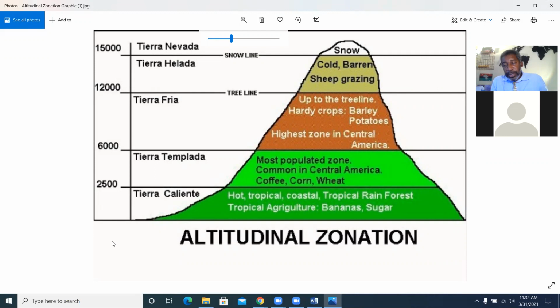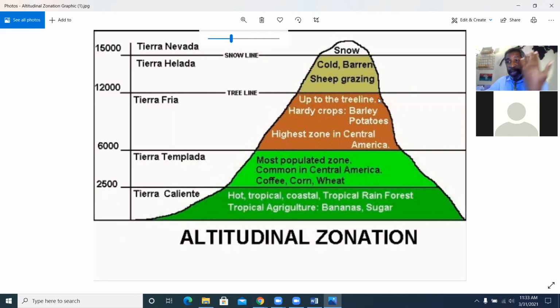Now, almost the entire region, Latin America and the Caribbean, is in the tropical zone on the Earth. And so that tropical zone tends to be very hot, warm, and we would expect the types of climate that we see here at 2,500 feet and below to sea level within the Tierra Caliente zone. So this is a cross section of the Andes mountain range.